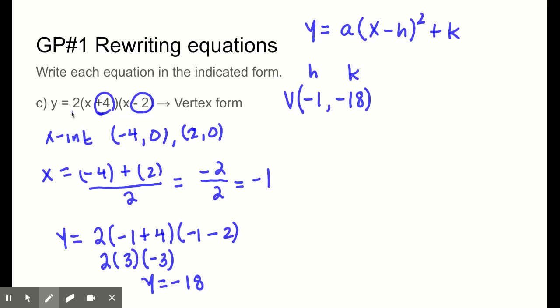And remember that a value comes here. So we can take these values now and plug them into our vertex form. So y equals 2 times x minus h, so x minus a negative 1 will become x plus 1 squared plus k, so plus a negative 18 would just be minus 18.